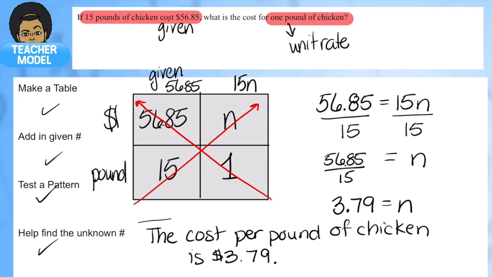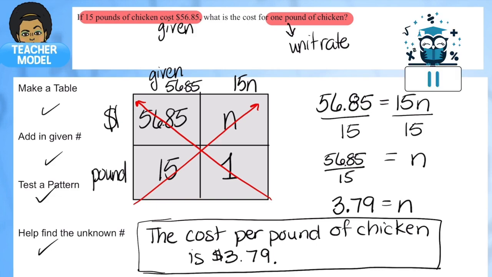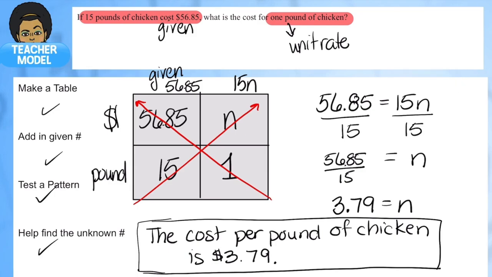So there we go, my final answer, boxing it here. Hit pause so you can jot this down into your notes. And this is how we can use our math table to find unit rates.